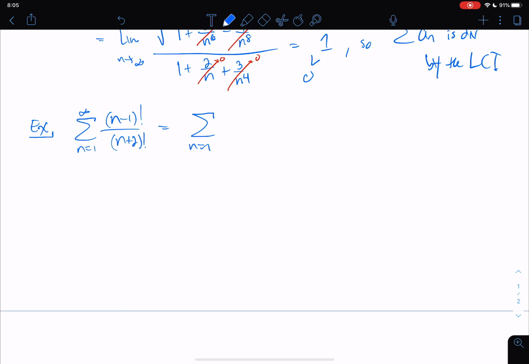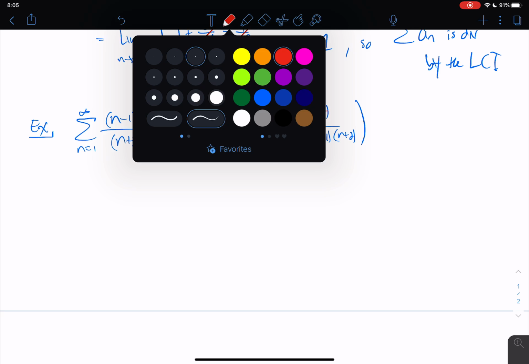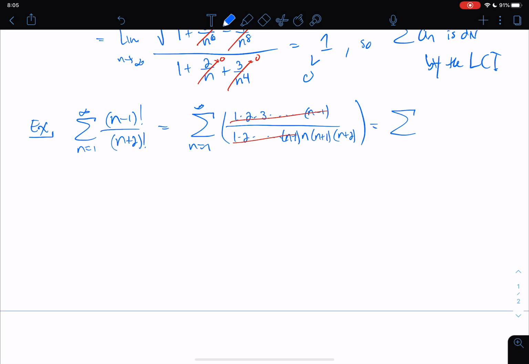So if I simplify the summand, I'm going to get 1 times 2 times 3 times etc. all the way up to n minus 1 in the top, and the bottom will be 1 times 2 etc. all the way up to n plus 2, the penultimate item being n plus 1, then n minus 1. And the key observation here is that the numerator completely cancels with all but 3 factors in the denominator. So this is actually becoming the series from n equals 1 to infinity of 1 over n plus 1, n plus 2.